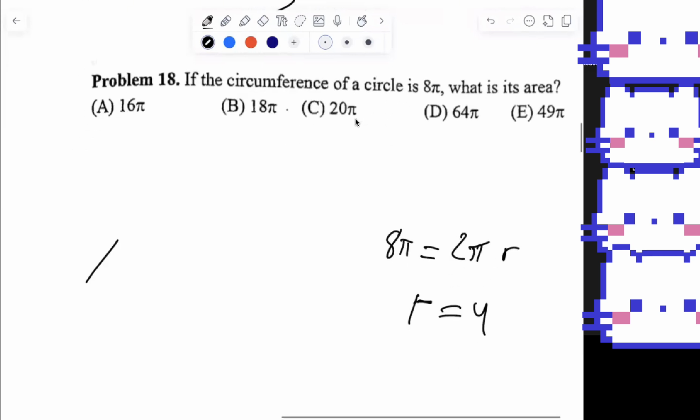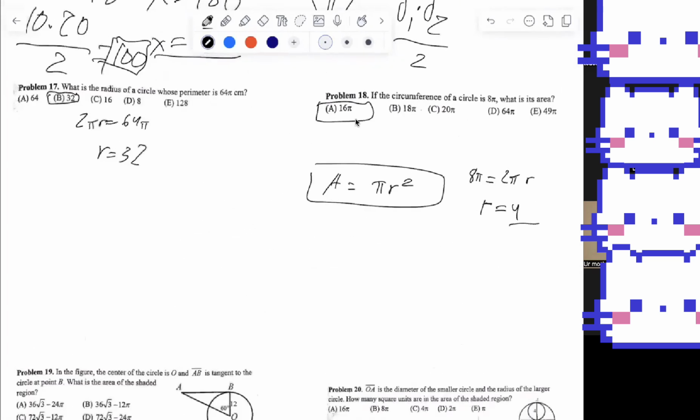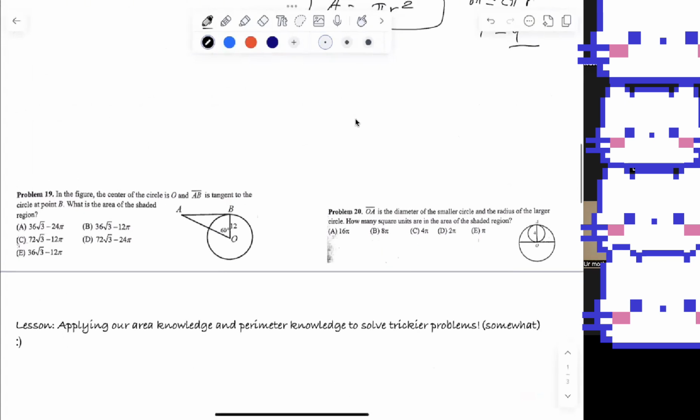We know the area of a circle is pi r squared. So plug in r equals 4. 4 squared is 16, so 16 pi, which gives us A as the answer. Now to 19.